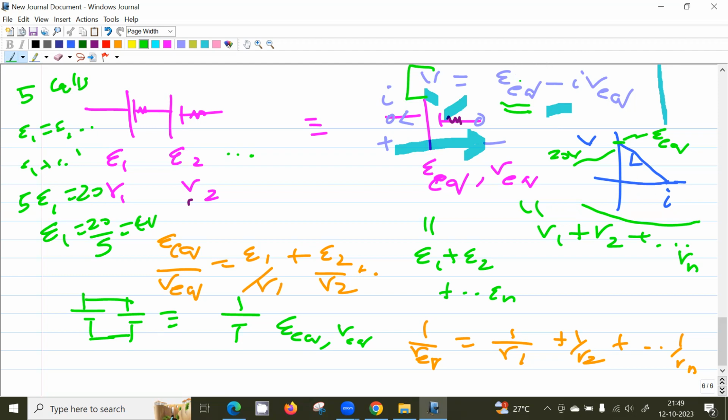That will be E equivalent, which is E1 plus E2 plus E3, and so on to E5. These are 5 cells, and all cells are the same. So it's 5 times E1, and the EMF of a single cell is 4 volts. Is this concept clear? Yes. Yes, sir.